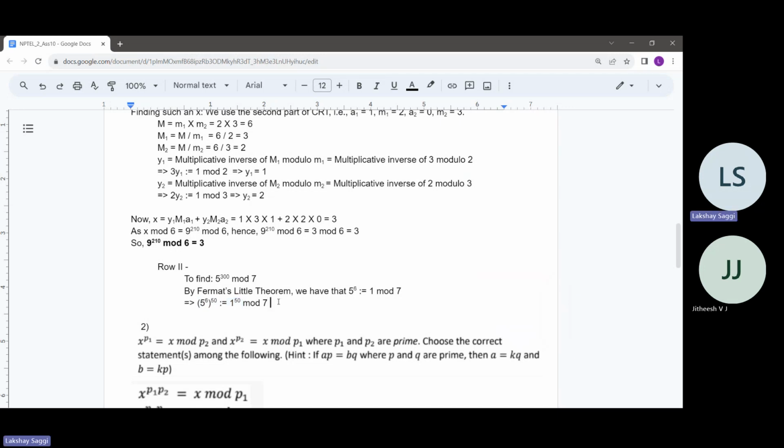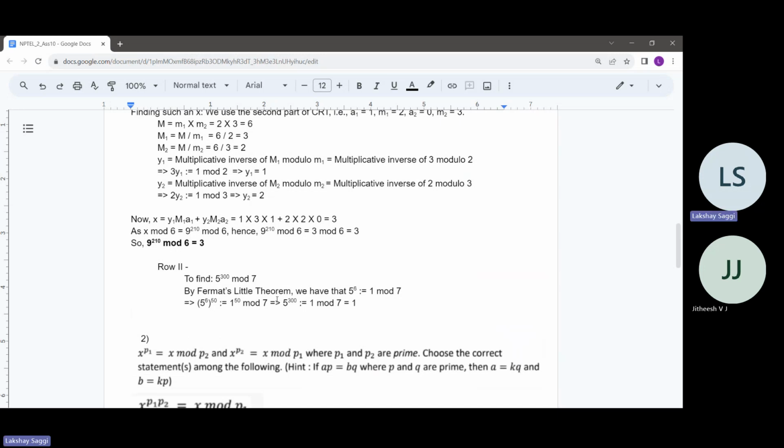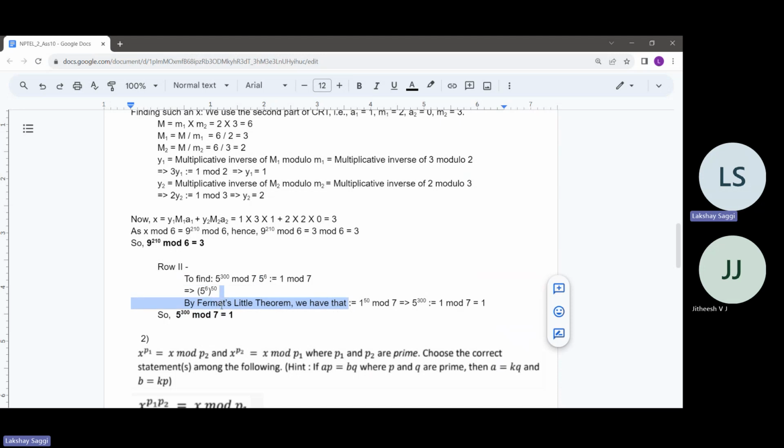So what this implies is that 5 raised to the power 300 is congruent to 1 mod 7, which is equal to 1. So this implies that 5 raised to the power 300 mod 7 will be nothing but equal to 1. So this was a pretty simple one because we just applied Fermat's Little theorem and raised to the power 50 on both sides. So yeah.